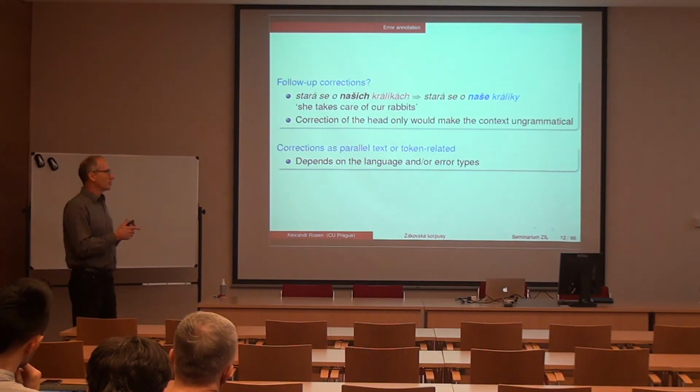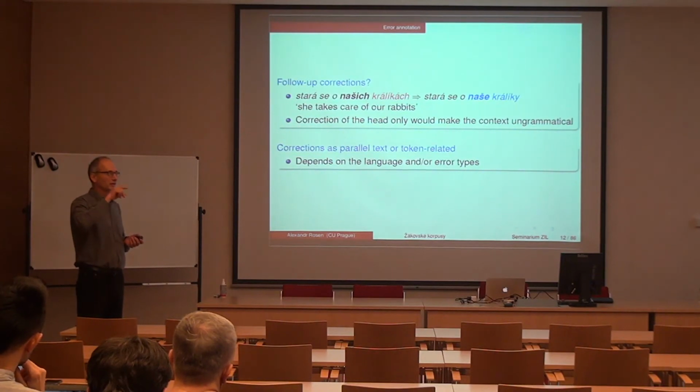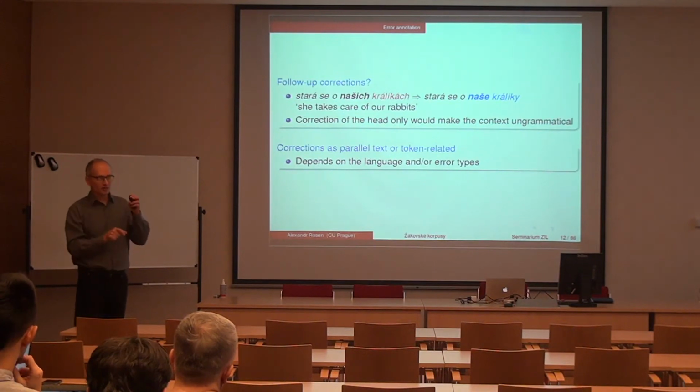Now, all these things were token based. So that was like I have this word and I have to correct that. So I don't really need some complex system to make it work.